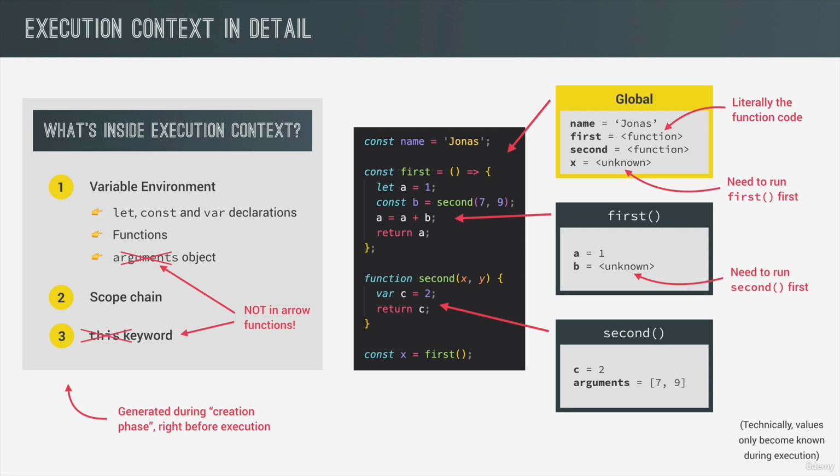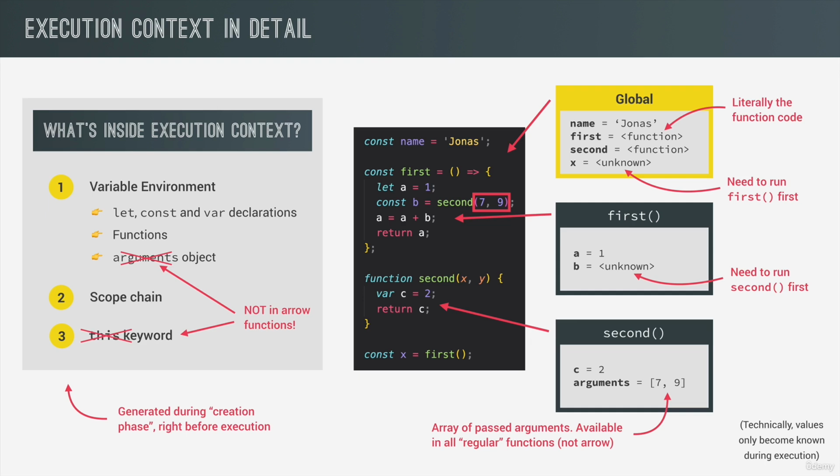And this object is an array which contains all the arguments that were passed into the function when it was called. In this case, as you can see, that's 7 and 9. Quite simple, right?